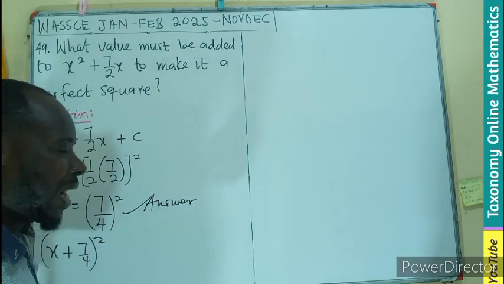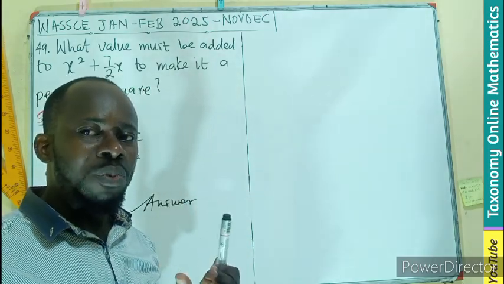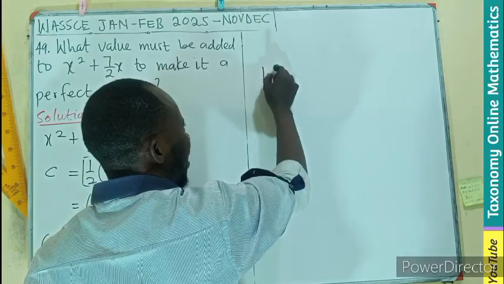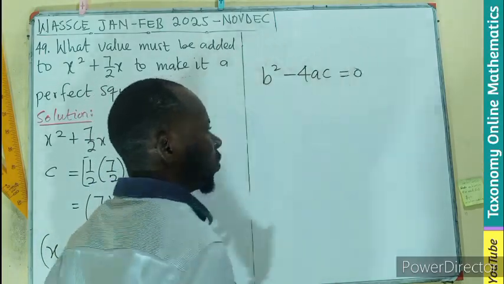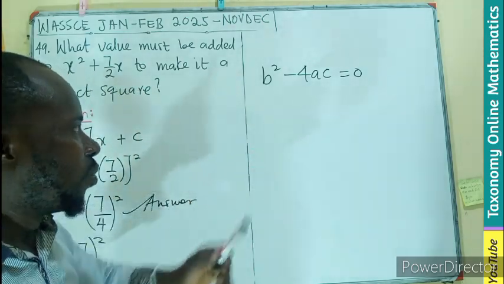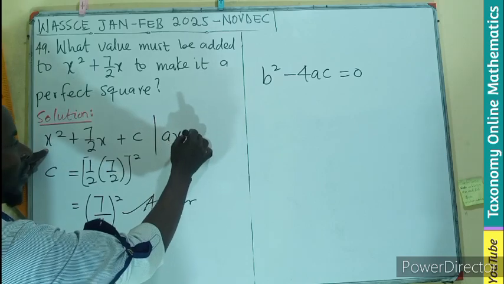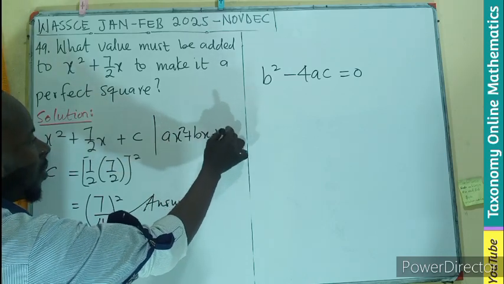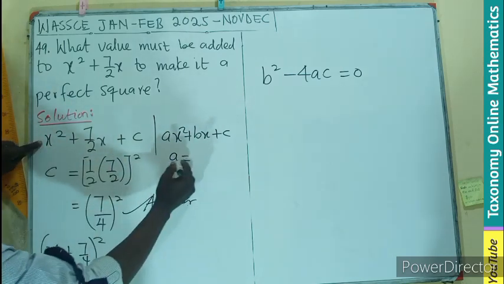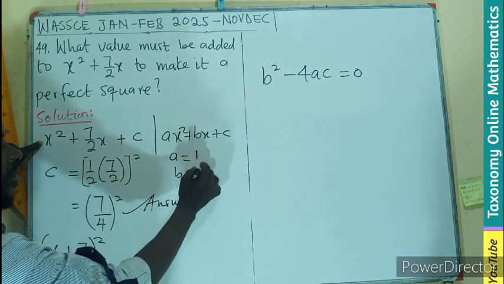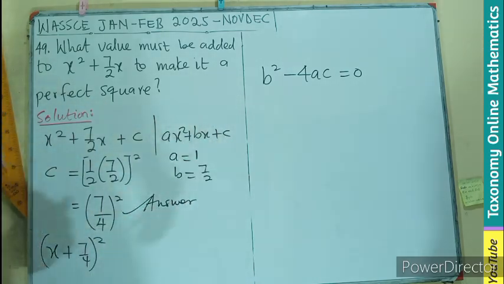Now, another way we can do it is this: when we are looking for a quadratic expression to be a perfect square, it means the discriminant will be equal to 0. This means the equation must be written in the form ax squared plus bx plus c, where in this case a is 1, b is 7/2, and c is the c we have in there.